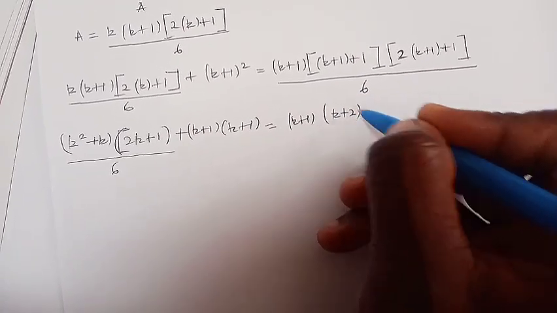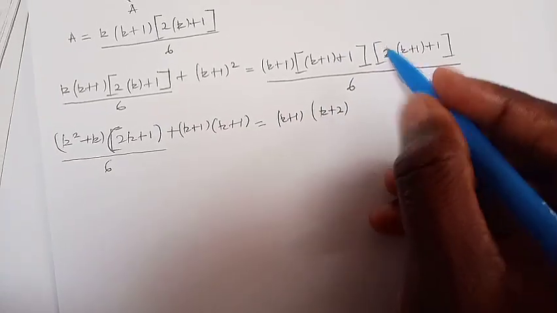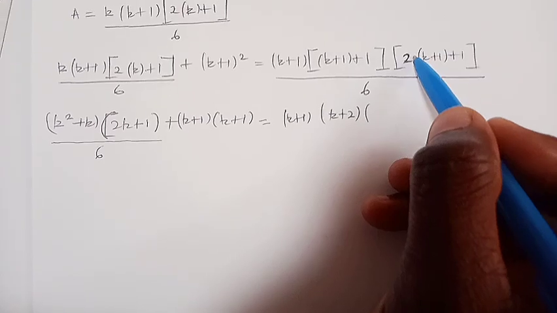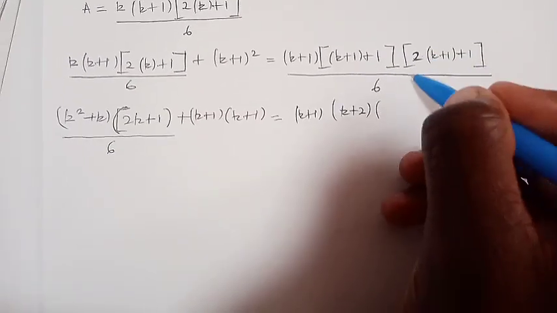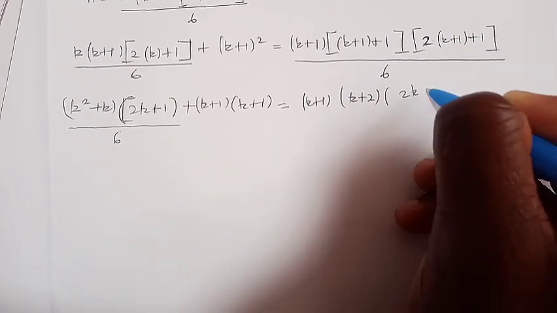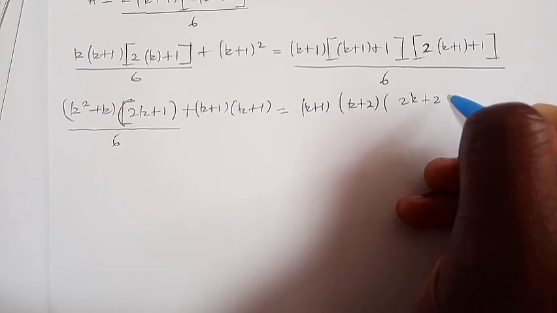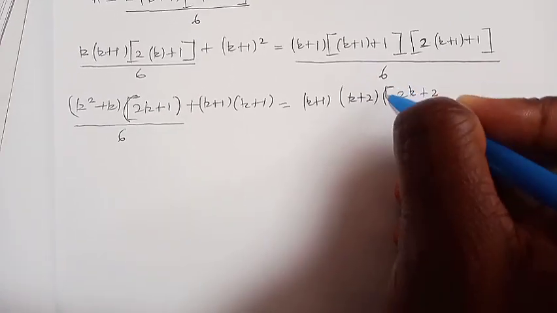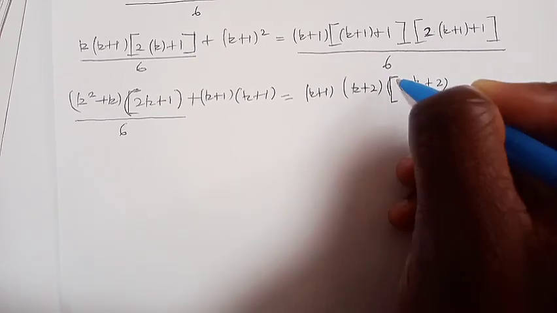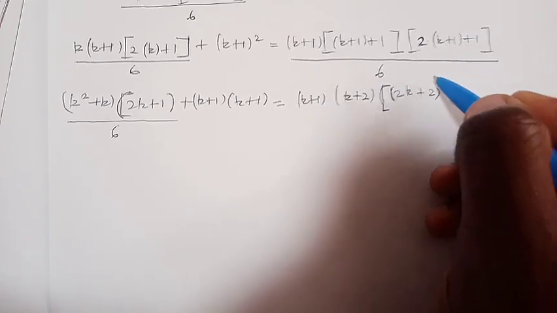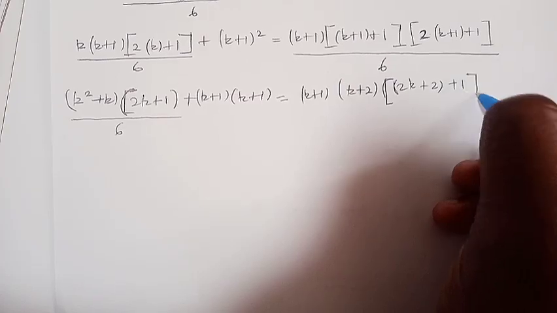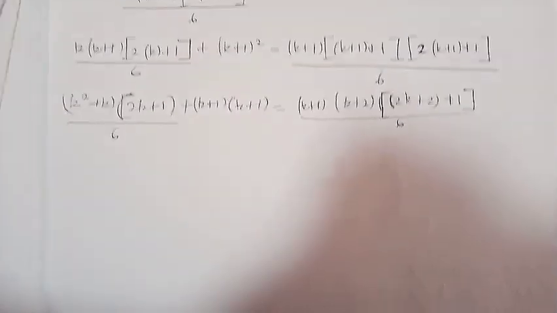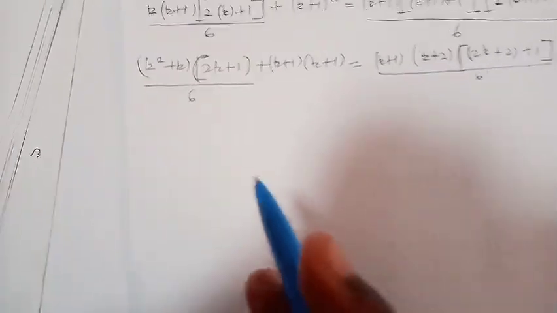So now we have k plus 2 here, and then in this other bracket, if we multiply this 2 with this bracket here, we get 2k plus 2, and it is inside a bracket. I'll make this a square bracket, and then I'll use parentheses here, and then we have a plus 1, and then we close, and then we divide this whole expression by 6. So this is where we are.